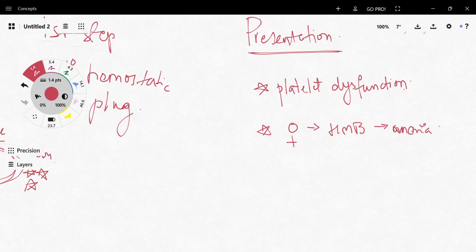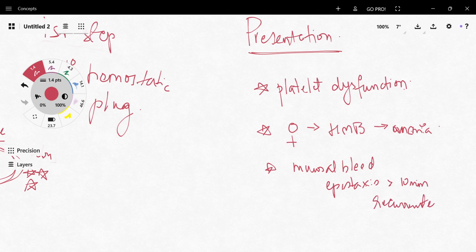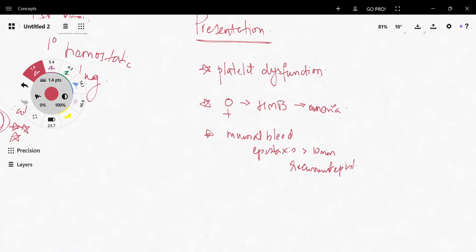It presents with mucosal bleeds like epistaxis that lasts longer than 10 minutes, and recurrent epistaxis, right? Another one would be post-incisional bleeds. Post-procedural, post-surgical, what have you.